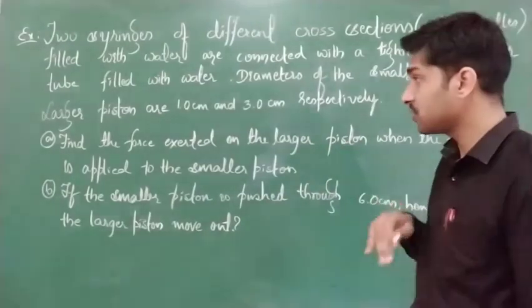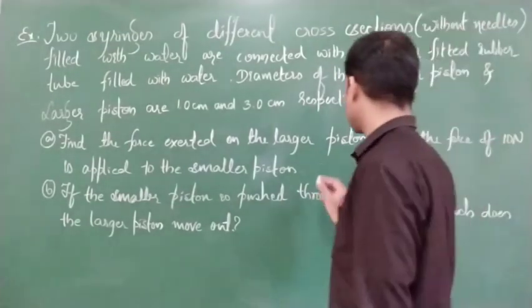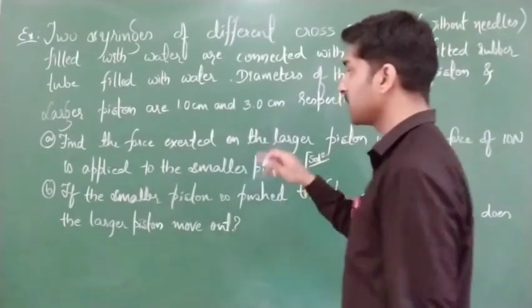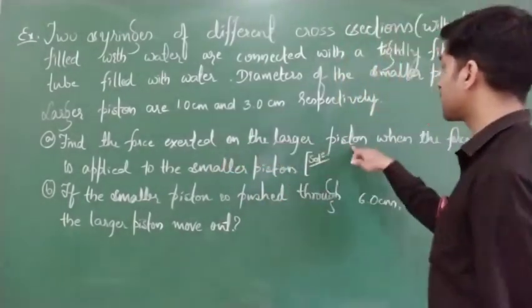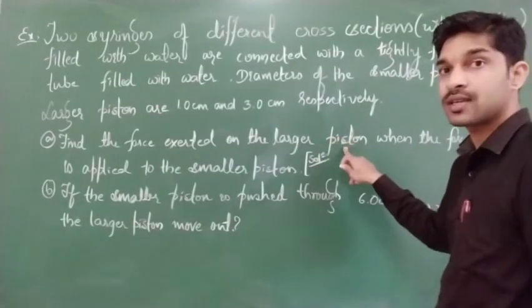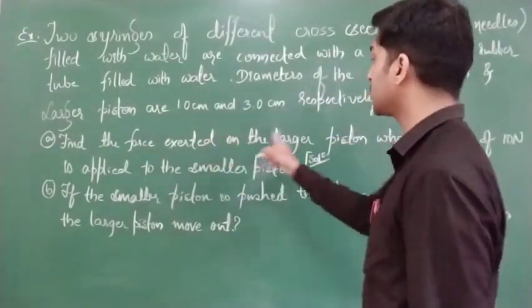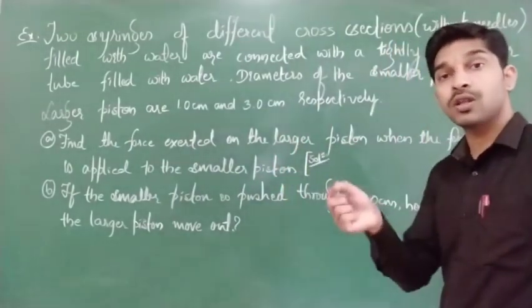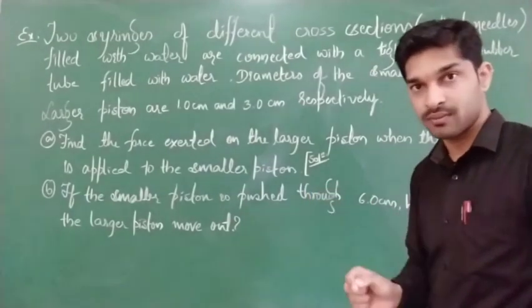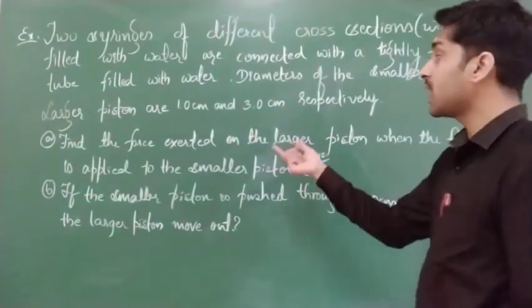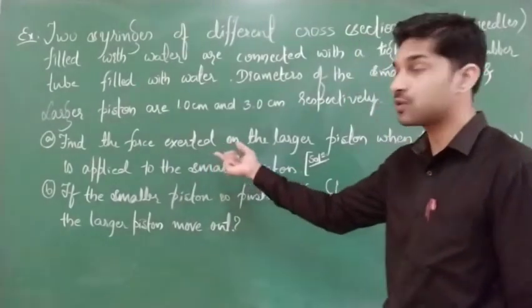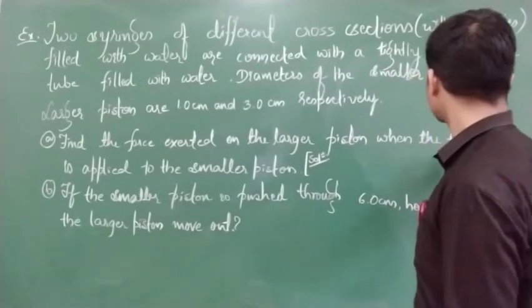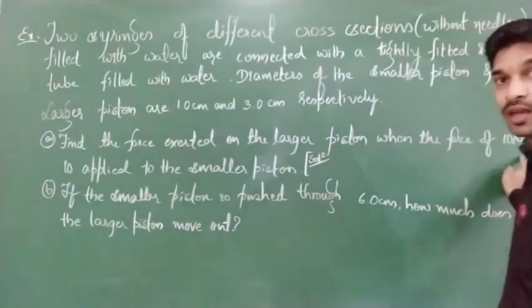Solution for this question: force exerted on the larger piston is F2, because on the smaller piston we apply the force F1, and for the larger piston we take the force as F2. So F2 they are asking.